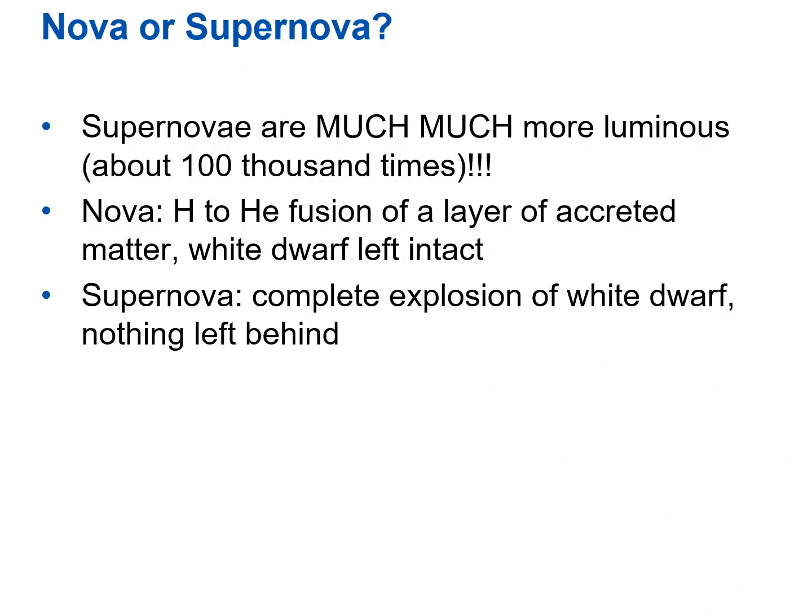A nova, remember, is where hydrogen fuses into helium in a layer of accreted matter. And so it's just that layer that's built up, that outer layer. The white dwarf itself is left intact, whereas a supernova is the entire white dwarf just blows up. So you can expect it's going to be much more dramatic, much brighter, and there is nothing left behind.